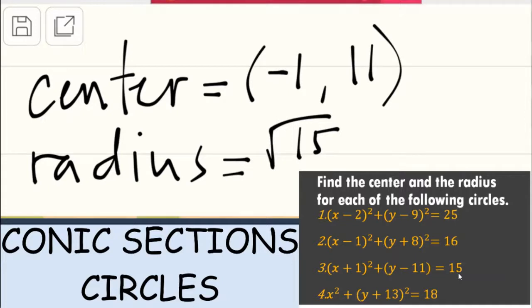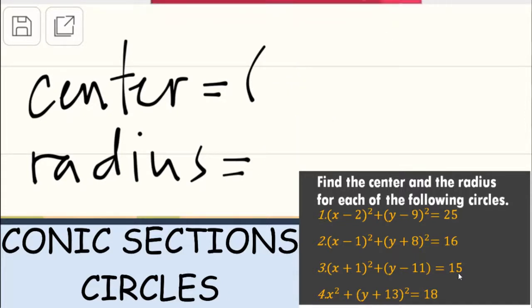Okay? And then last. So, last will be number 4, x squared plus the quantity of y plus 13 raised to 2 equals 18. Since there is no number with the x, it is x squared agad.